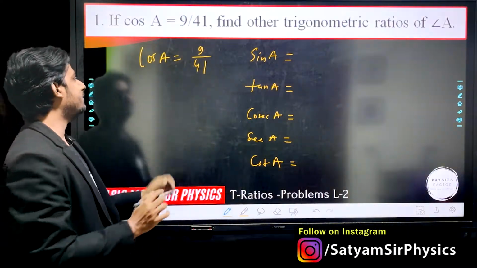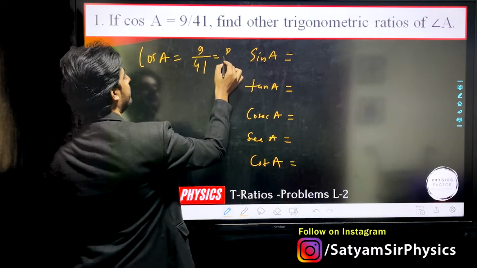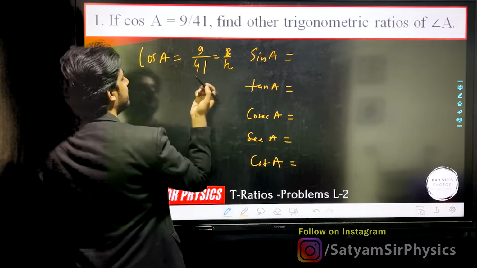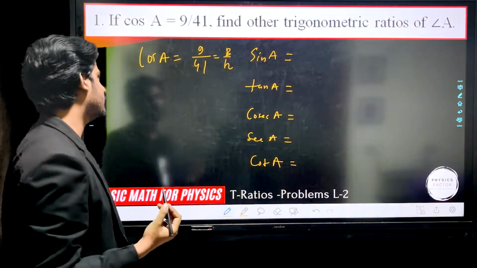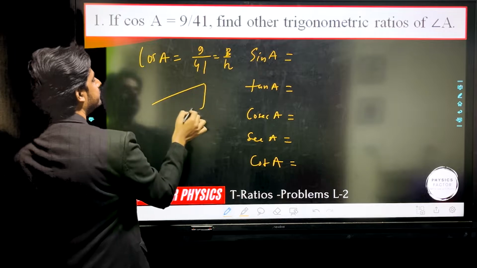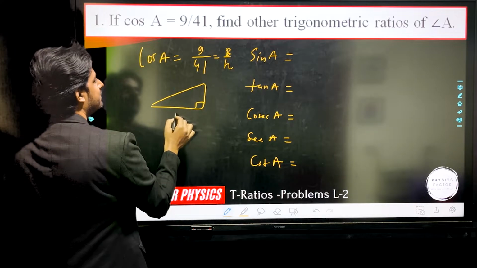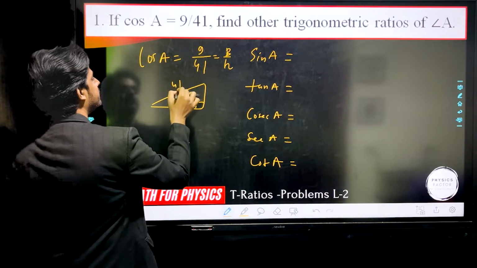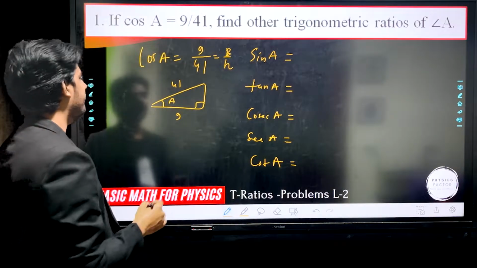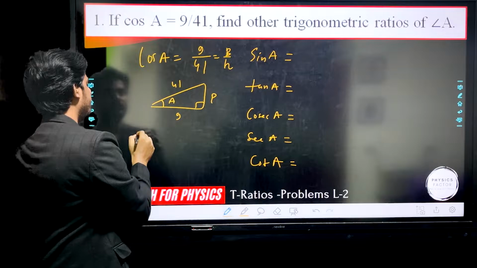So this is our objective. We have cos A, that means we have this base upon hypotenuse value. So first, using Pythagoras theorem, we have this base 9 and hypotenuse 41 and this angle A. So we have to calculate this perpendicular first. So we use the Pythagoras.